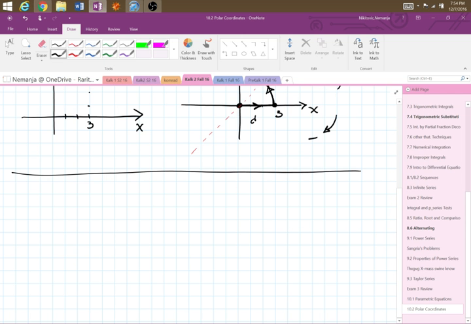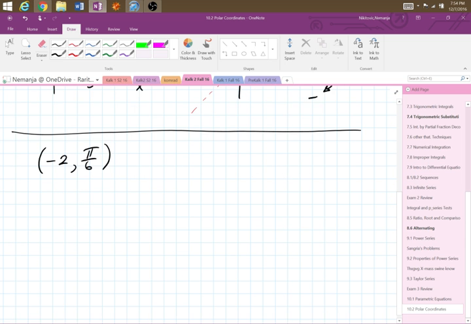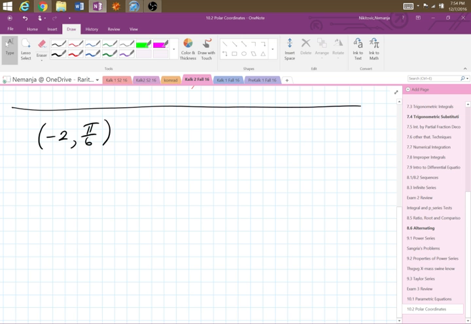So let's take a look at graphing -2, pi over 6. We draw the xy coordinate system, as we usually do. Graph -2 on the x-axis.